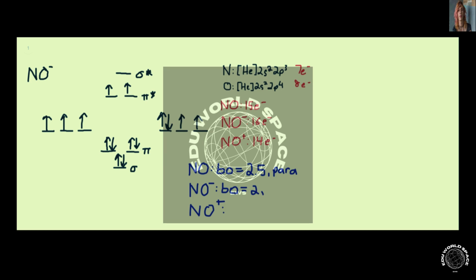We are going to be paramagnetic, because we have 2 unpaired electrons in our anti-pi orbitals.